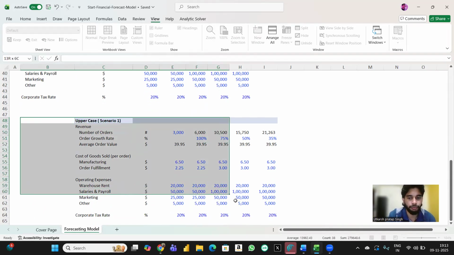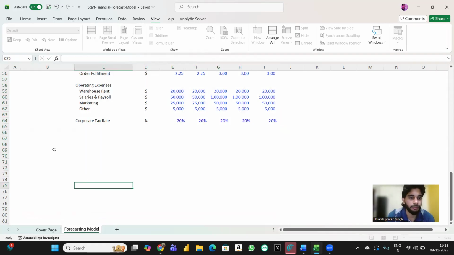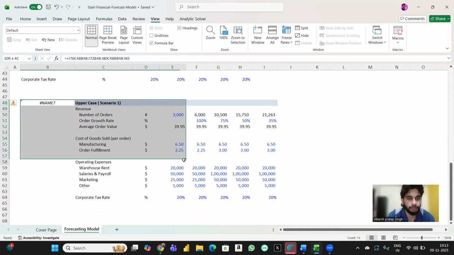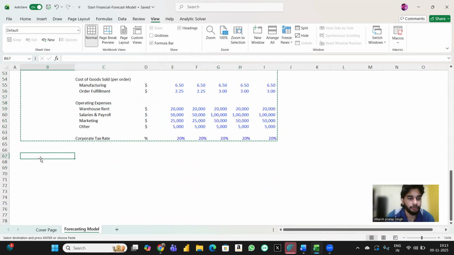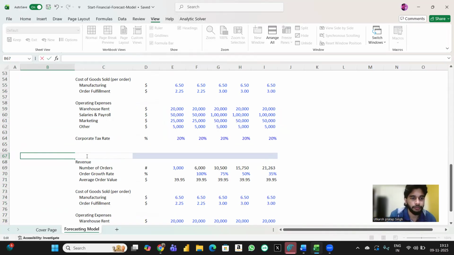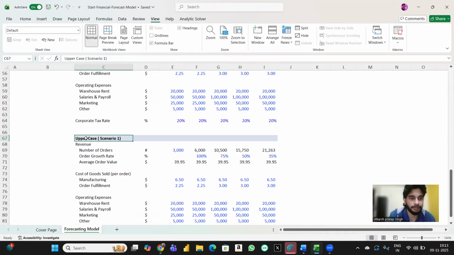Same, we are going to take another one. Control plus C, and we are going to put it here, Control plus V. And we are going to name this as lowercase, scenario 2.